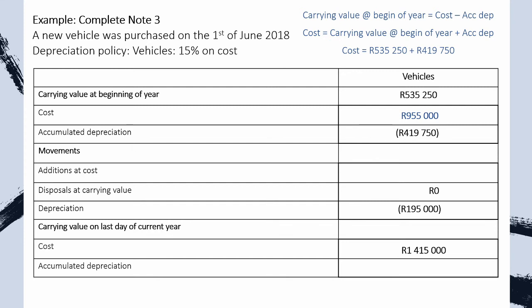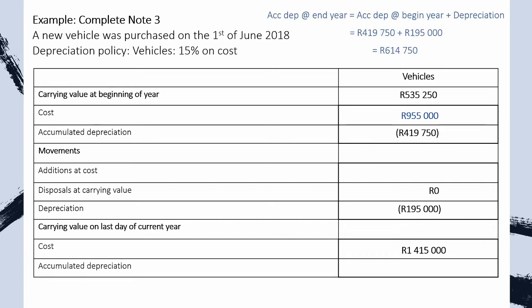Okay, now if we look again, let's take a look carefully again. They've given us accumulated depreciation and depreciation. So what do we know? Because it's a rule that accumulated depreciation at the end of the year equals accumulated depreciation at the beginning of the year plus then our depreciation. Okay, so then we say our 419,750 plus our 195,000 gives us an accumulated depreciation at the end of the year of 614,750.